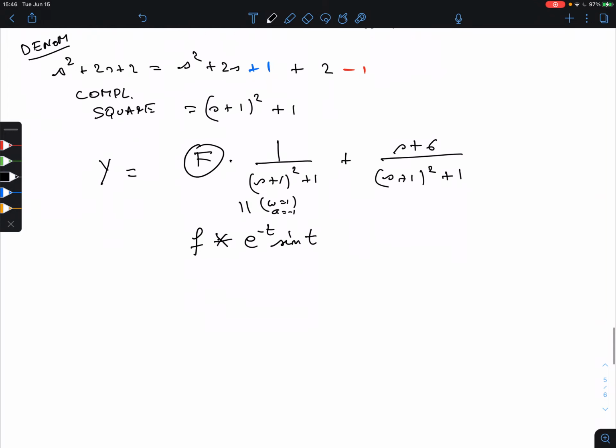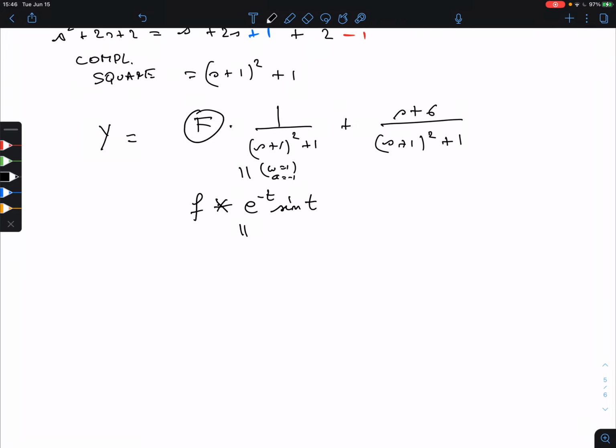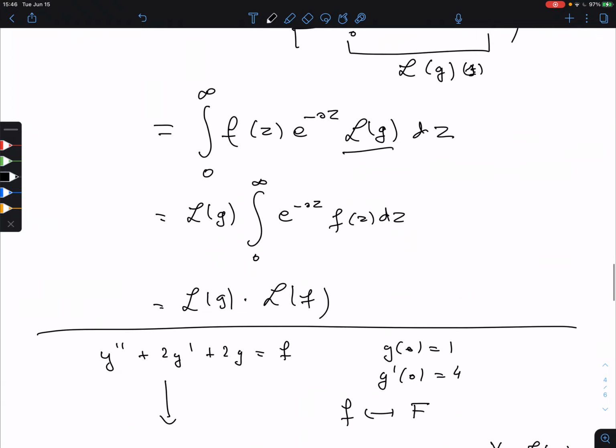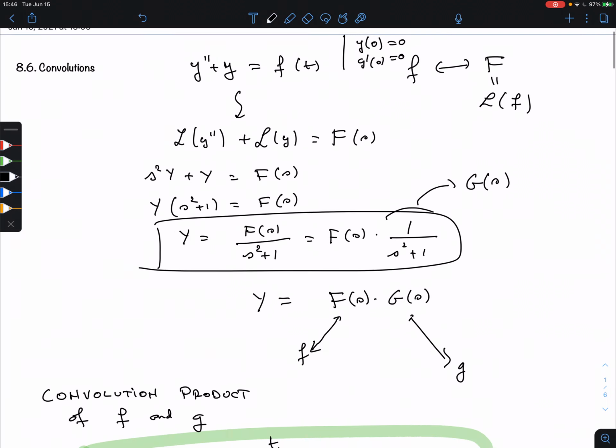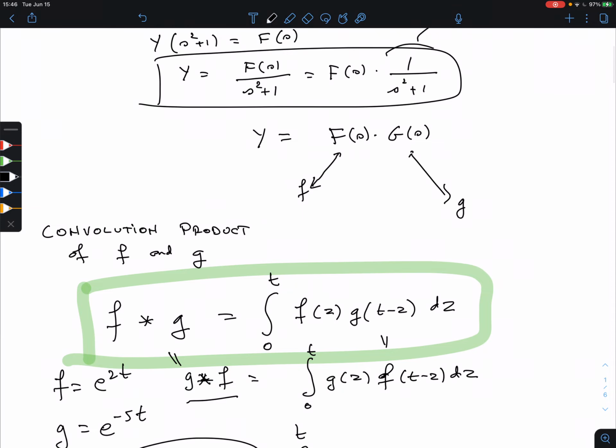It's a sine. And so what is this? Let's write down the definition of this thing, namely show that it's an integral. This is f(z) times e to the minus (t minus z) sine (t minus z) dz. That's just writing the formula here, using the very first formula, the green one.